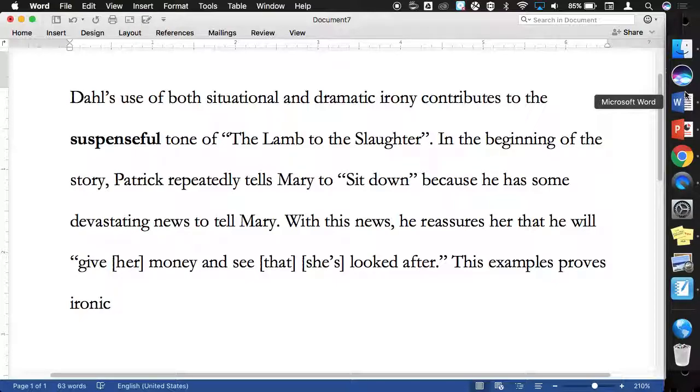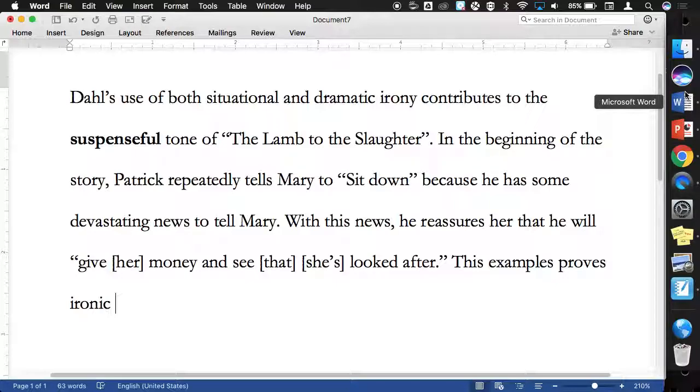What could I do next? Ironic. This example proves ironic. Don't worry about simple, compound, complex. This example proves ironic sentences or statements.